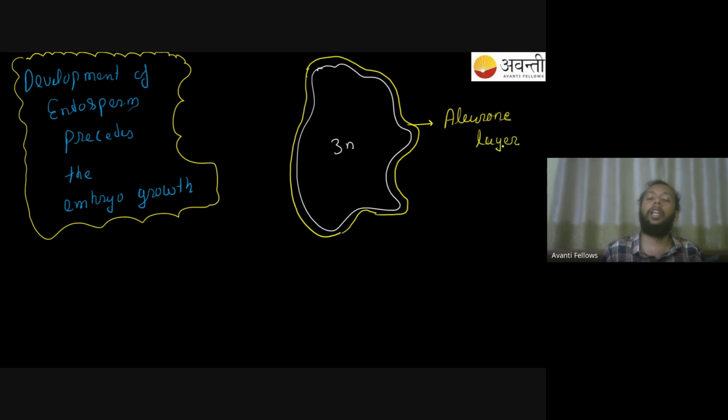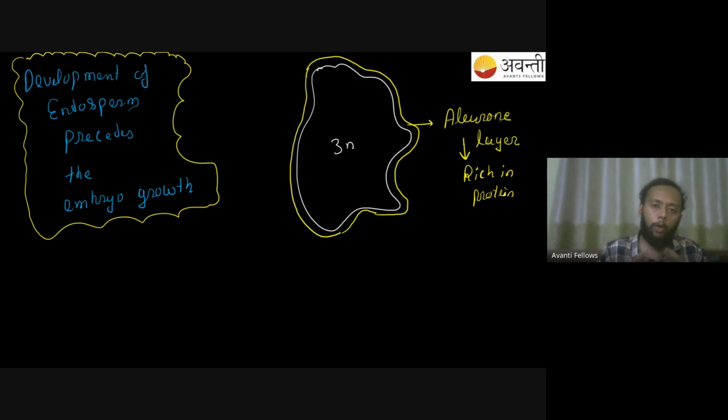Now, this aleurone layer is rich in protein. If they ask you what the outer layer of endosperm is, you have to tell them it's the aleurone layer, and it is going to be rich in protein. That's one thing you have to know.